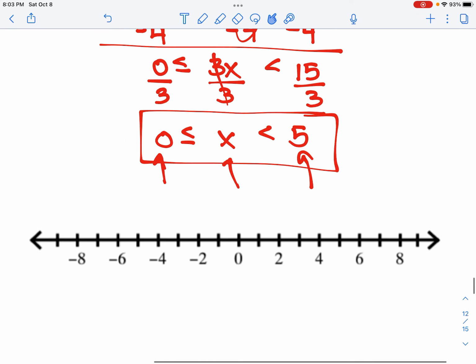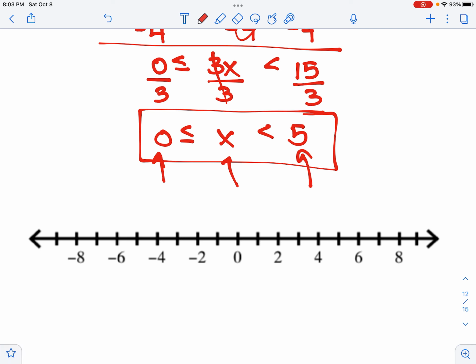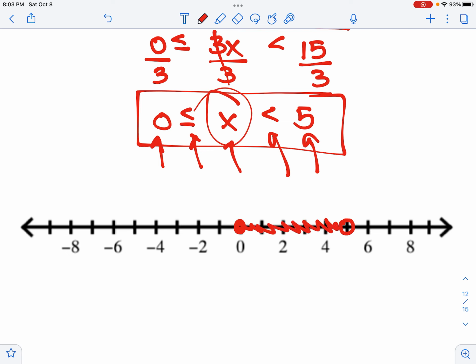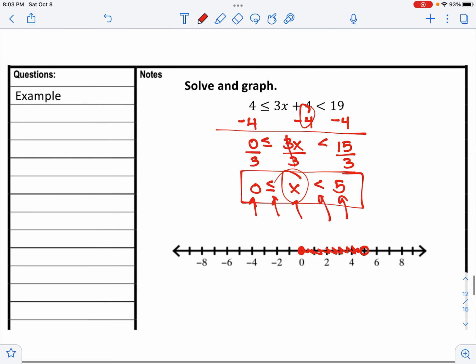So we're going to do that right now. 0, and you'll notice here this is less than or equal to, so I'm going to put a closed dot. And 5, this one is just less than, so an open dot at 5. It's everything in between right here. x is in between the 0 and 5, so I know that. So that's an "and" inequality. That's how you put them together, or graph one of those when they're all condensed, and that's how you solve when it's in condensed form.